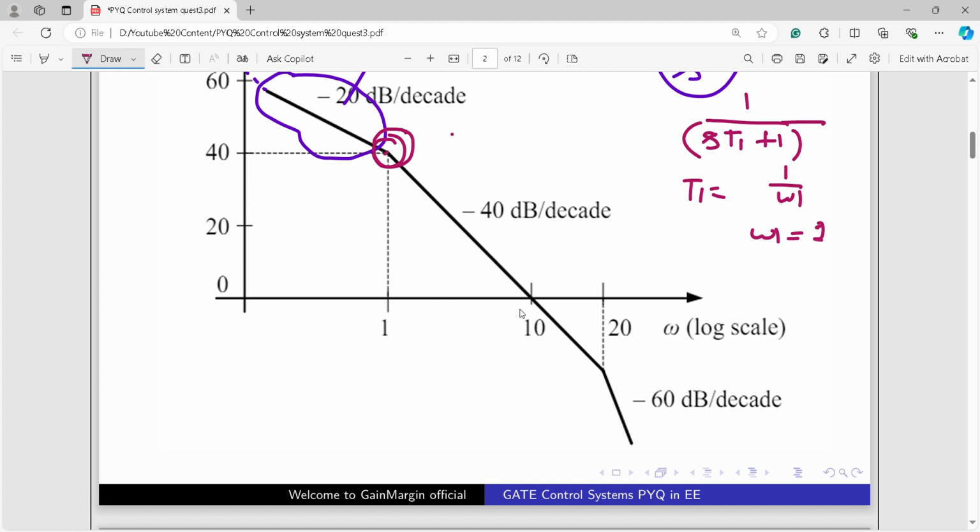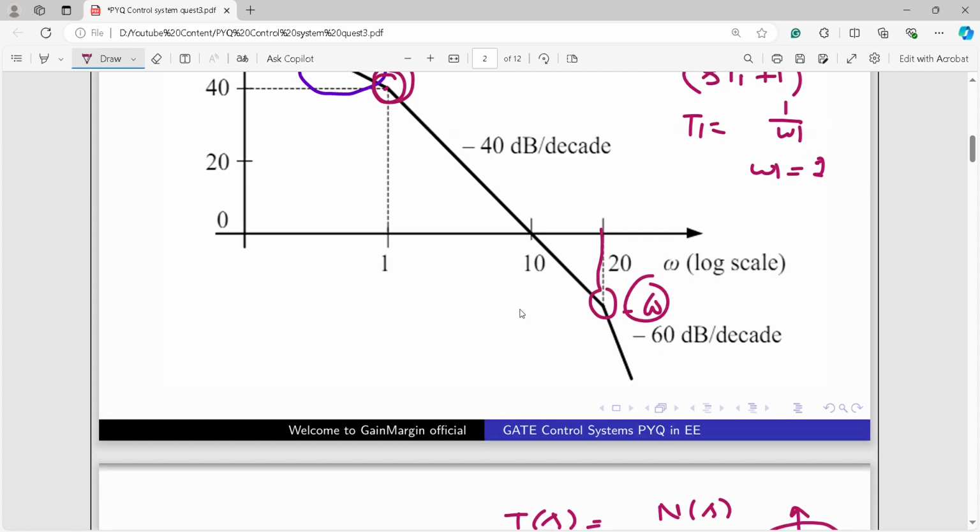And then after this, we need to see the corner frequency at which our slope is going to change. Till here the slope is minus 40, and then again it changes to minus 60, and the system again rolls off drastically. Initially it is minus 20, in between minus 40 dB per decade, and after this minus 60 dB per decade. Okay, so this will be one more pole.